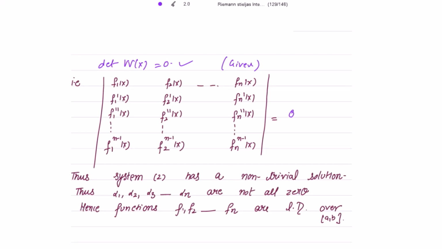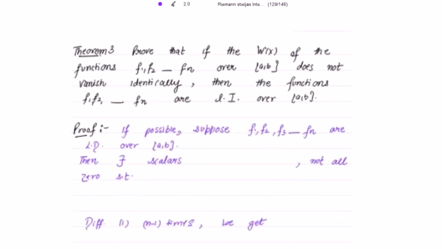Which means the scalars are not all 0. Hence, the functions f1, f2, ..., fn are linearly dependent, because for linear dependence the scalars are not all 0. So it is proved that these functions are linearly dependent over the closed interval [a, b]. Here ends the proof.